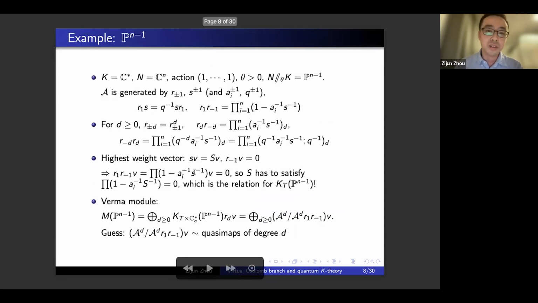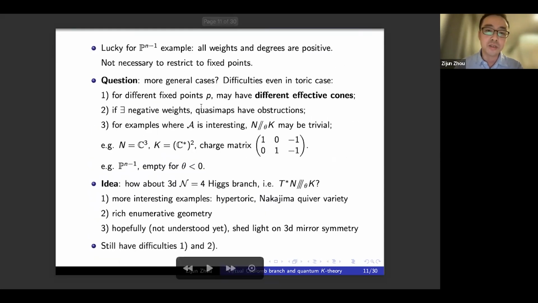If that happens, then your quasi maps may have obstructions, and your moduli space of quasi maps may not be smooth.